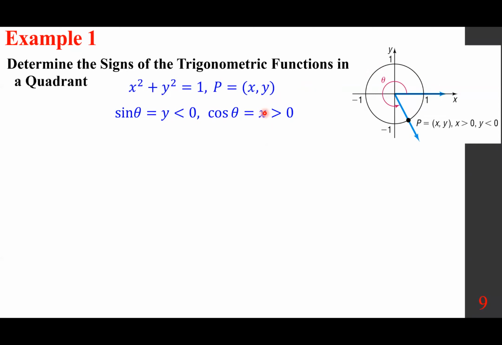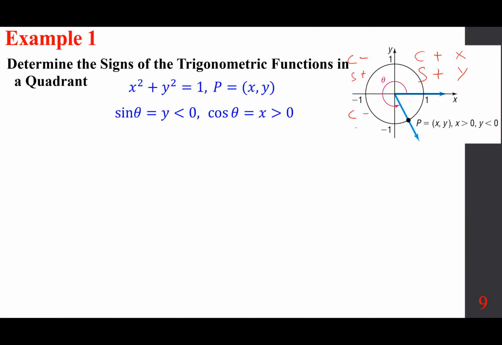So when you look at cosine here, let's just put cosine positive, sine positive in the first quadrant. And cosine means x, sine means y. So if you go to the second quadrant, cosine, which is x, becomes negative, but sine remains positive.